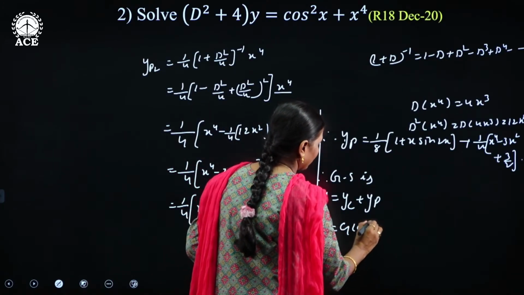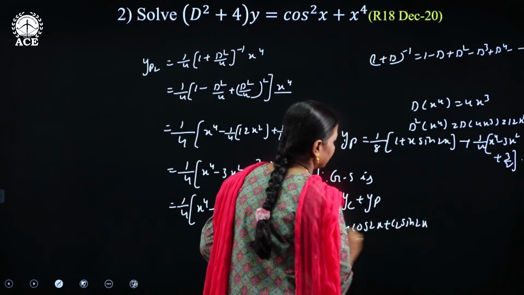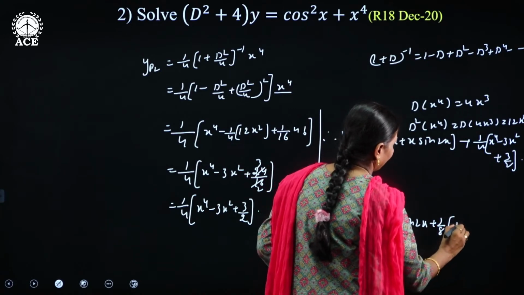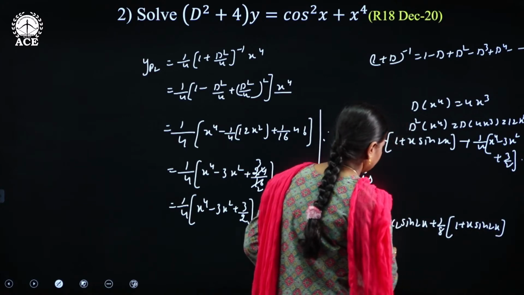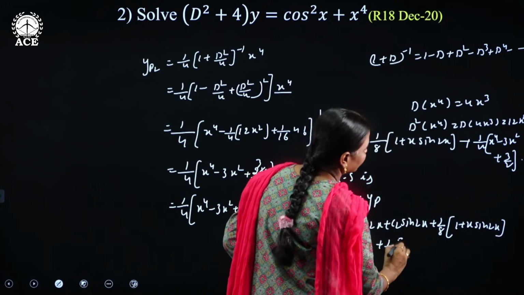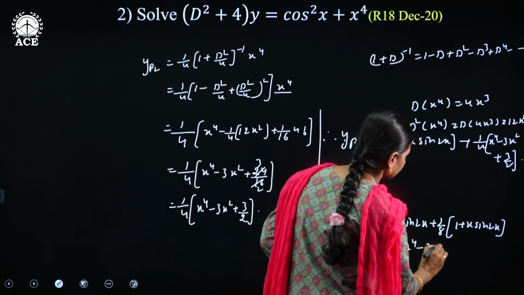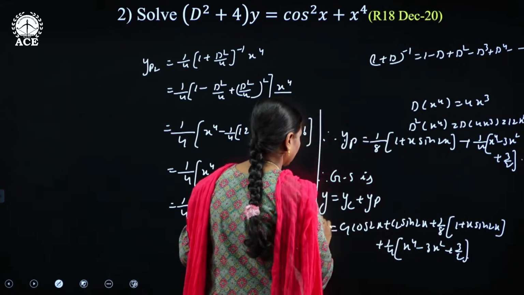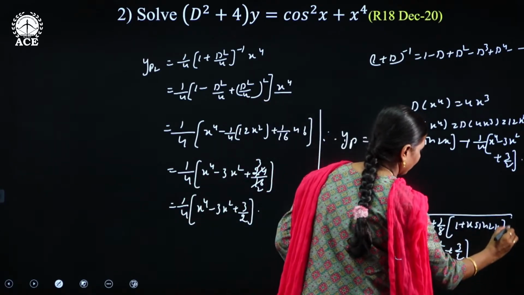Next, what is yp? 1 by 8 into 1 plus x sin 2x plus 1 by 4 into x power 4 minus 3x square plus 3 by 2. This is the required general solution of the given differential equation.